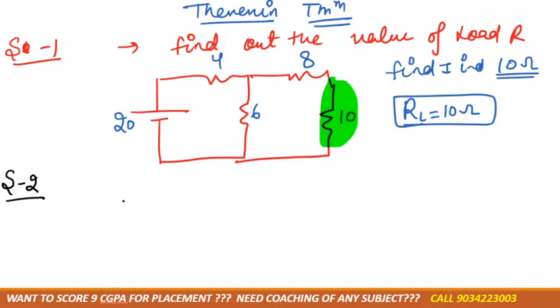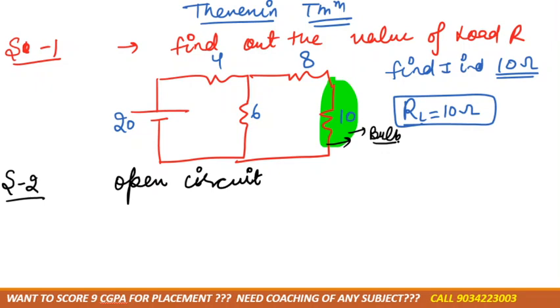Now step number 2. See, just imagine this is your home. Okay, this is your circuit, this is your home, and you are using a bulb in your house, right? So that bulb is known as load, and the resistance present in that load is known as load resistance, you can consider it as a bulb.